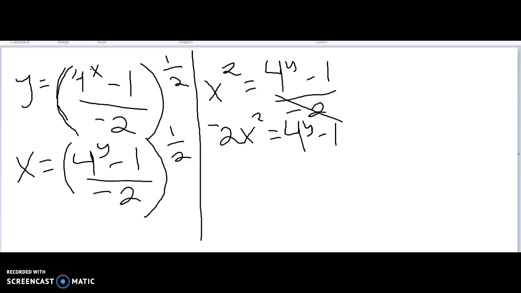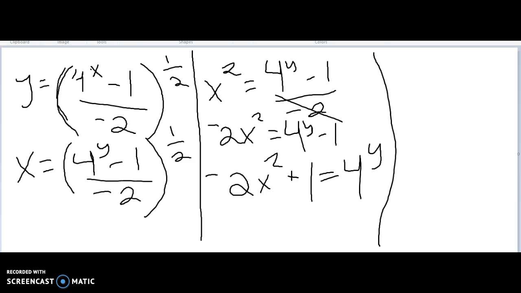Then you're going to want to add that 1, so it would be negative 2x squared plus 1 equals 4y. Then you're going to do the last step, which will be your answer: you're going to put it in log form.